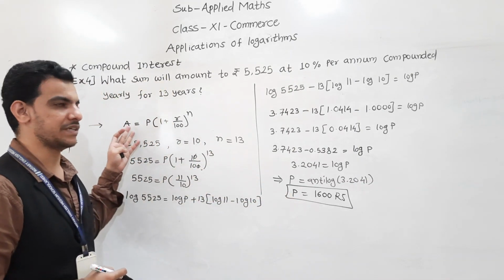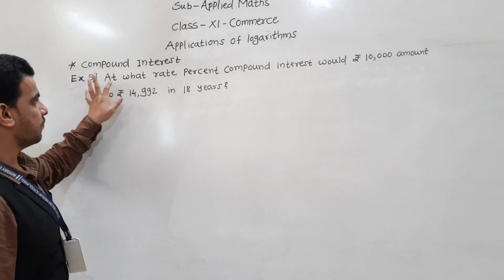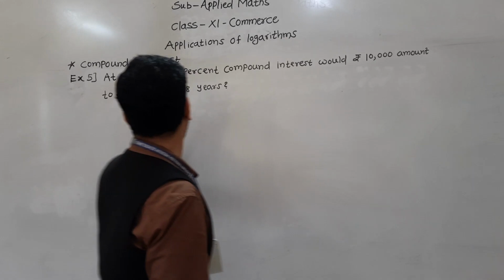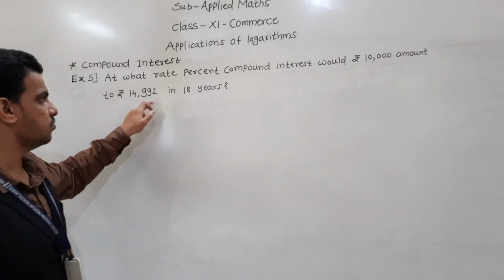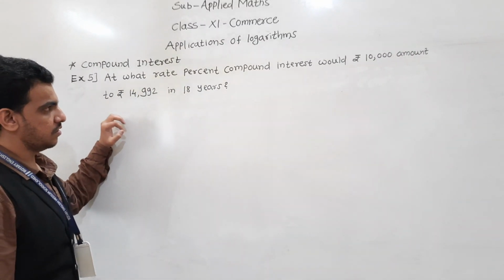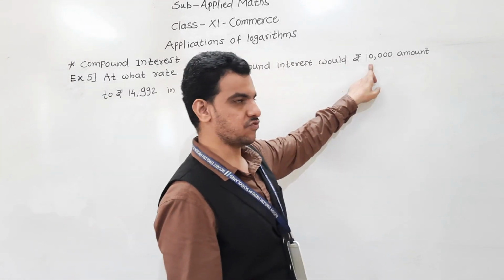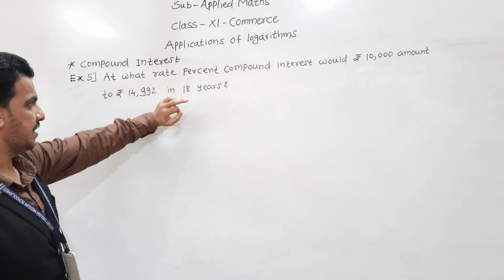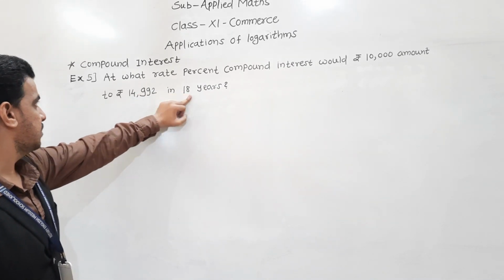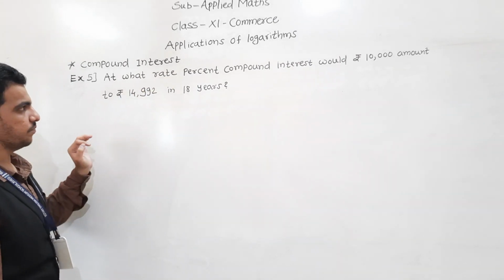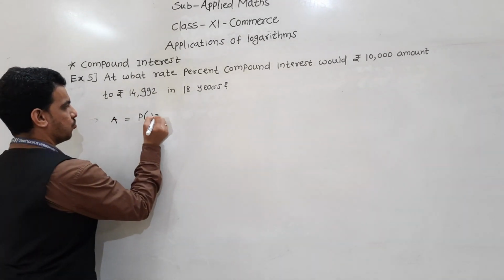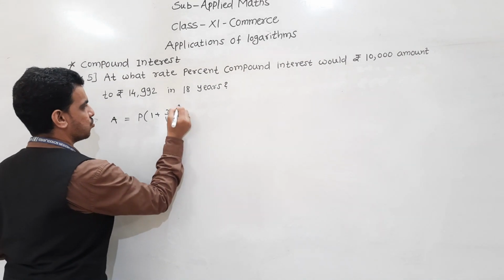Now we will take the fifth example. At what rate percent compound interest would rupees 10,000 amount to rupees 14,992 in 18 years? Principal is given 10,000 and amount is given 14,992, then n is given 18, so we have to find the rate. The formula we know: amount is equal to principal into 1 plus r by 100 raised to n.